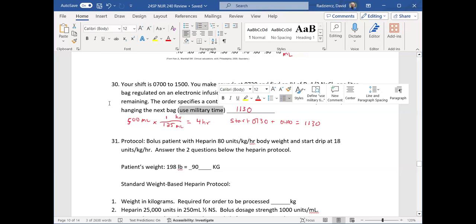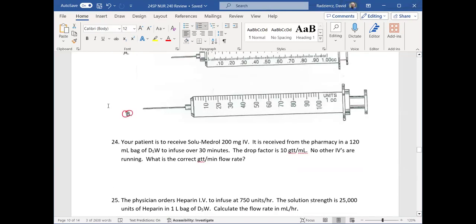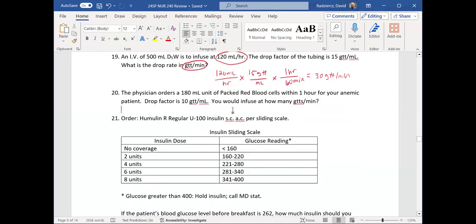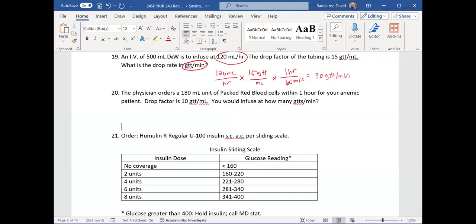All right, number 20. All right. So we have 180 milliliters packed red blood cells within 1 hour. Drop factor is 10. What is the drops per minute? So for this, I'm going to do this the way that I mentioned before.